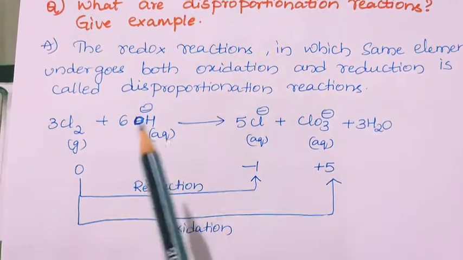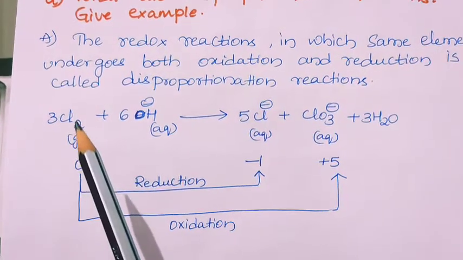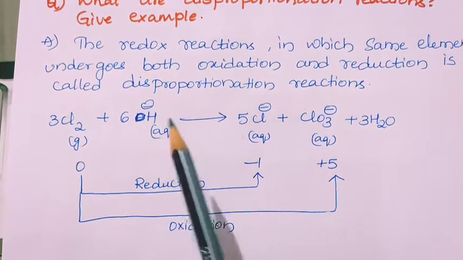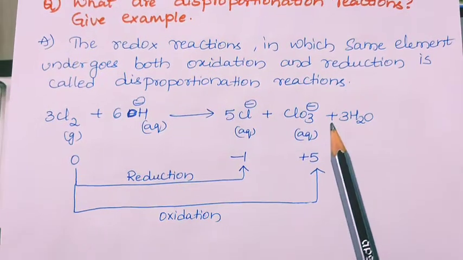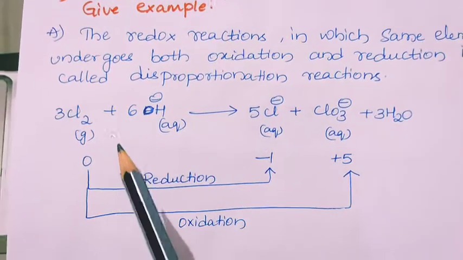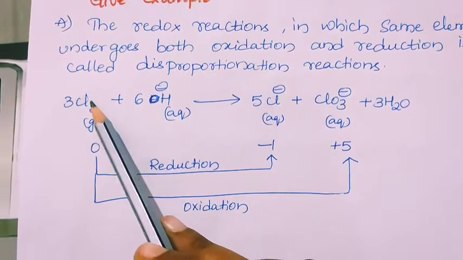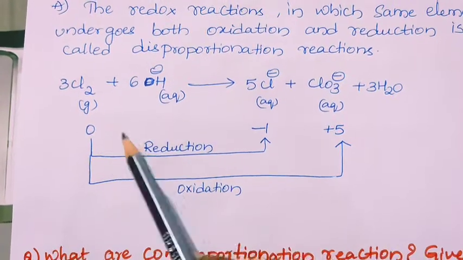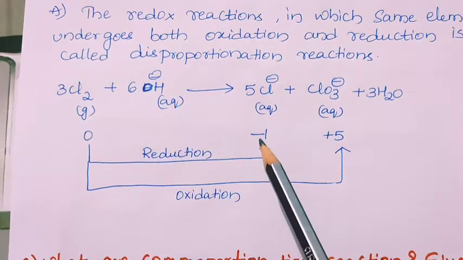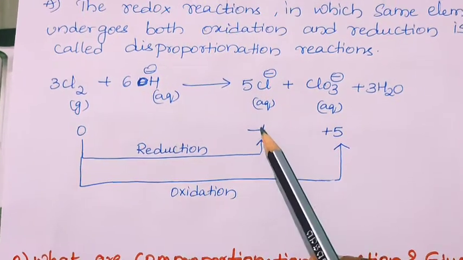So here we will see this example: chlorine in presence of OH- gives chloride ion plus chlorate ion and water. When you observe the oxidation state, from 0 it is changing to -1. So this is reduction.